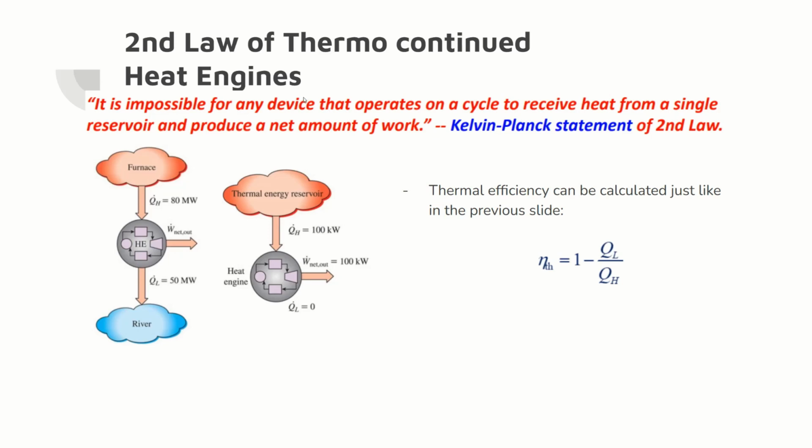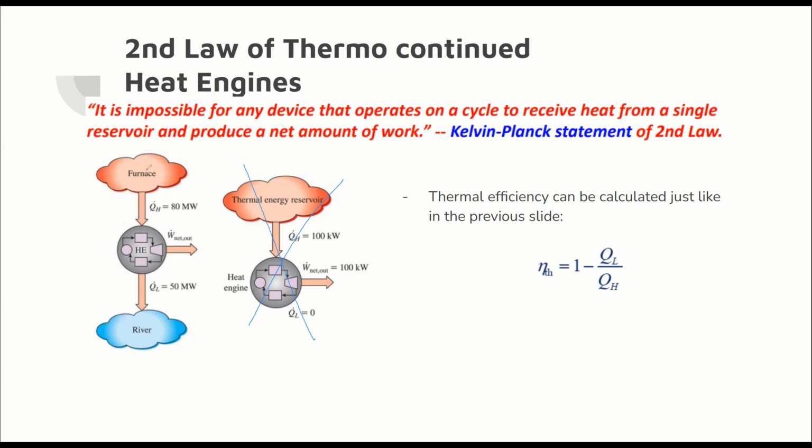Second law of thermodynamics explains these limitations and how to apply them when you want to study something in the real world. So, for example, the first Kelvin-Planck statement is it's impossible for any device that operates on a cycle to receive heat from a single reservoir and produce a net amount of work. So pretty much what it's saying is that this is impossible.